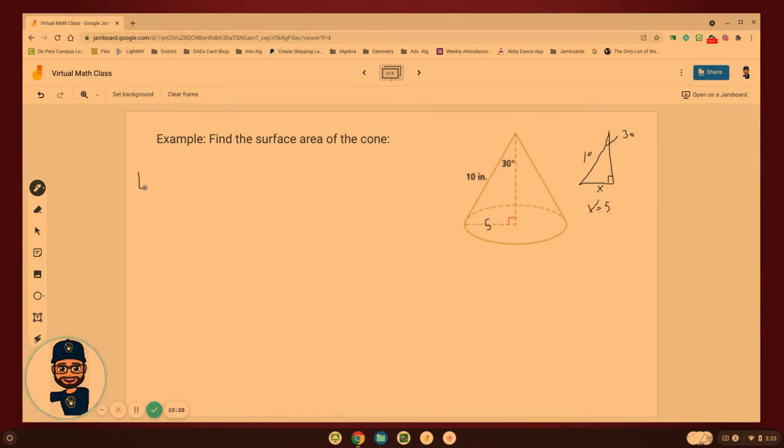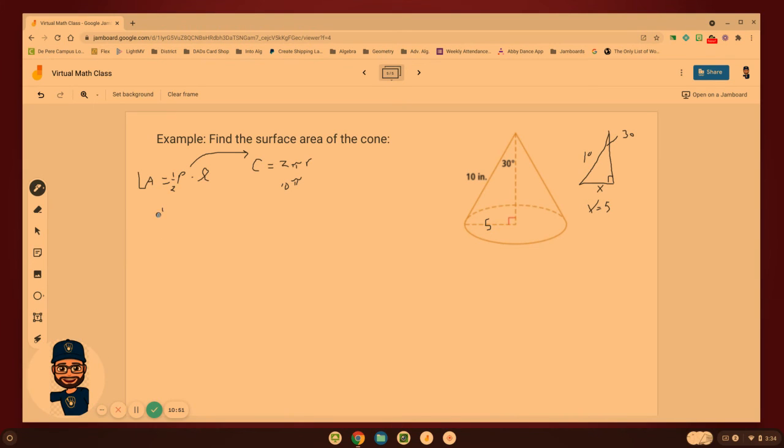All right, the lateral area is one half the perimeter of the base times the slant height. This perimeter of the base is the circumference of the circle, 2 pi r, or 10 pi.